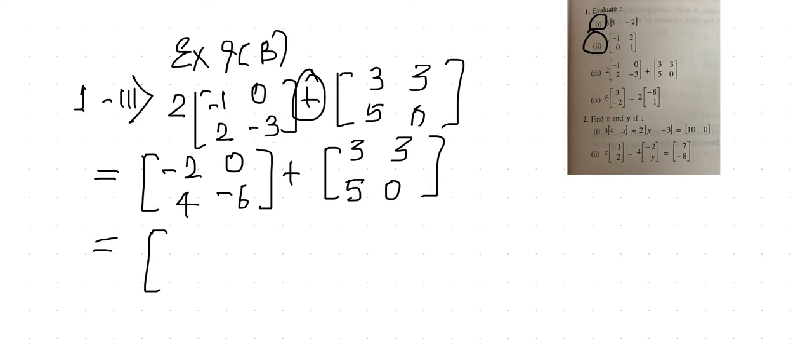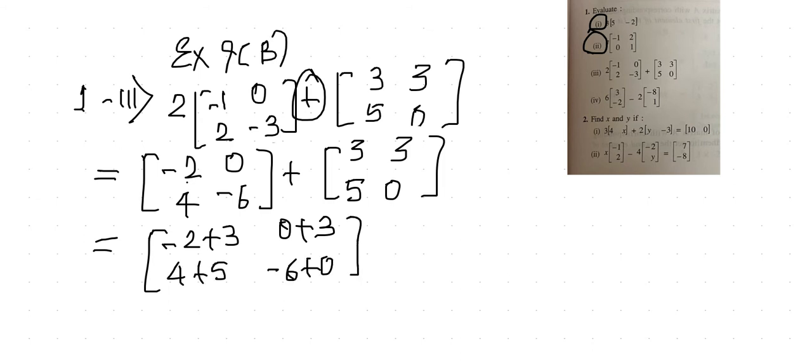This is equal to minus 2 plus 3, and here we will be writing 0 plus 3. So this is 4 plus 5 and this is minus 6 plus 0. So how much is this equal to? 3 minus 2 is 1, 3, and this is 9 and minus 6. So this is the resultant matrix that you are getting: 1, 9, 3 and minus 6.